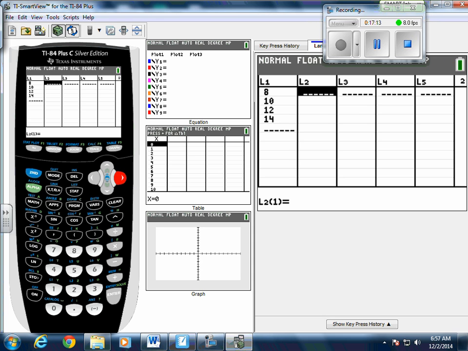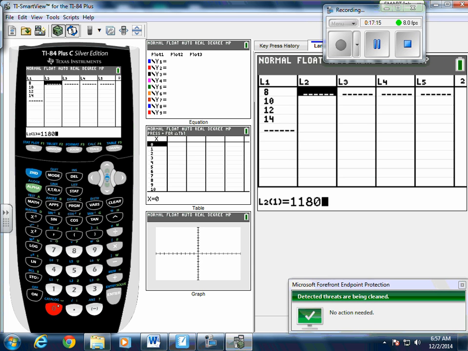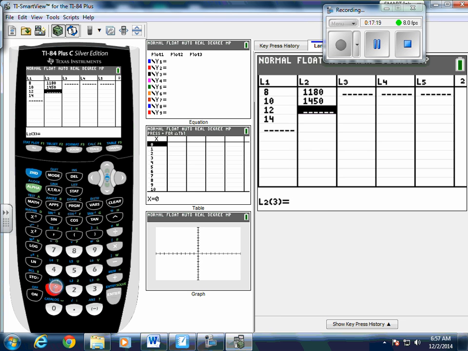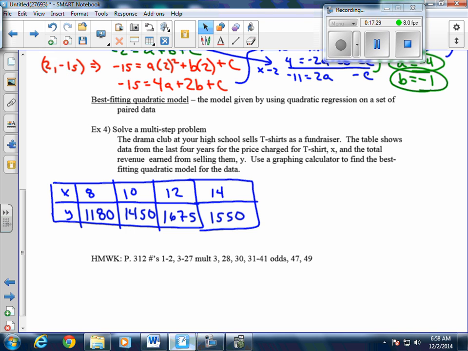List 2 is going to be 1180, 1450, 1675, and 1550. So now we have that in our graphing calculator, and we're looking for the best fitting quadratic model for this data.